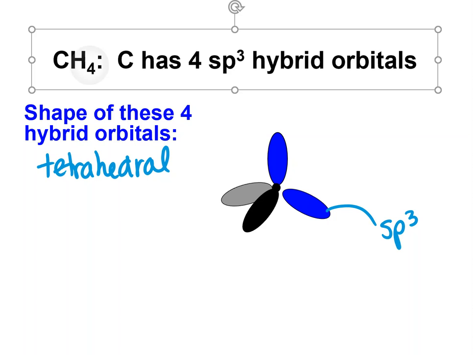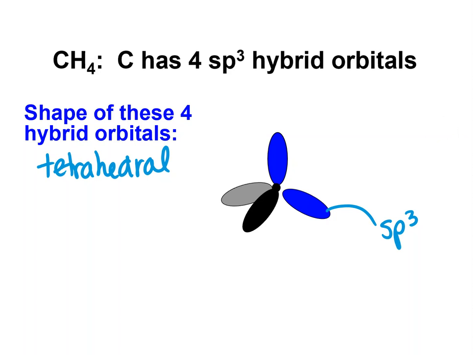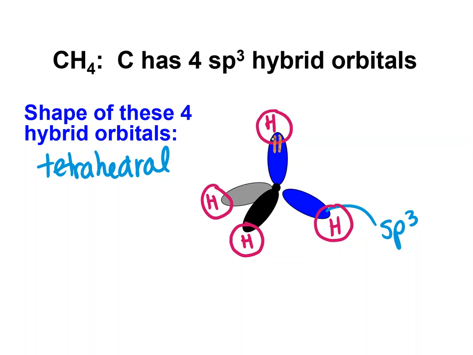I'm drawing methane, so let me add the hydrogen atoms. The hydrogen atoms just have s orbitals, and they are overlapping. This right here where they're overlapping, that's the bond.